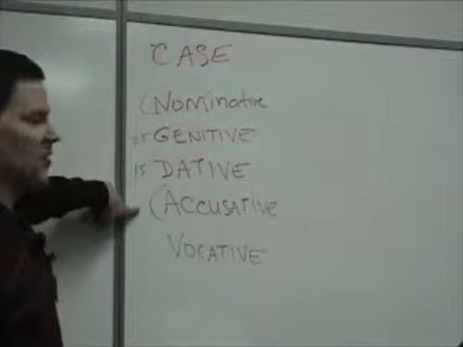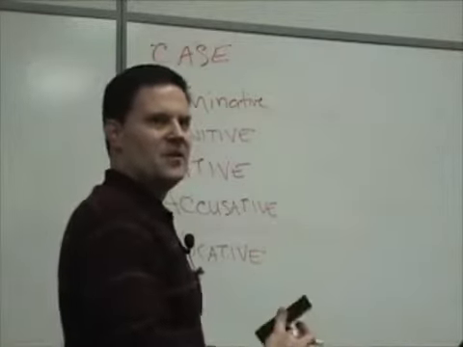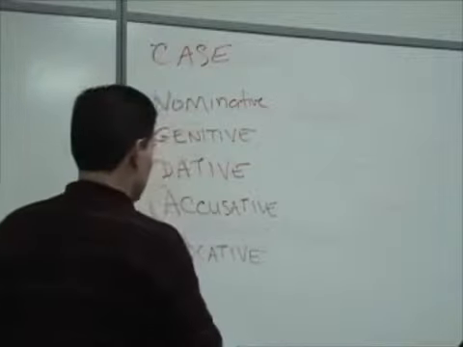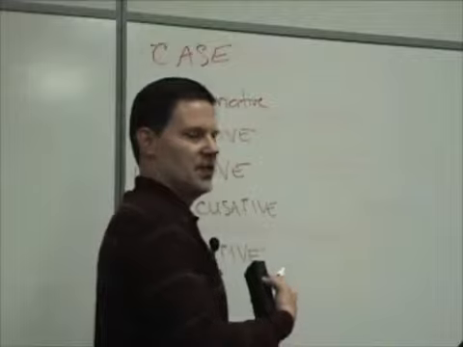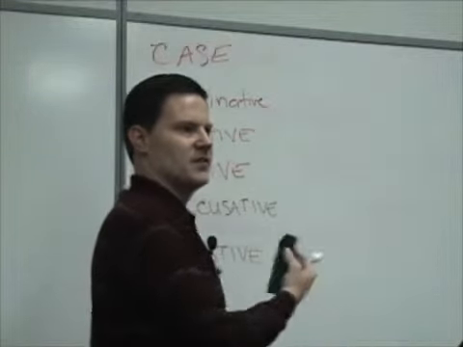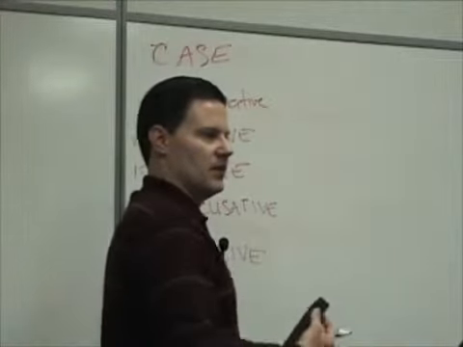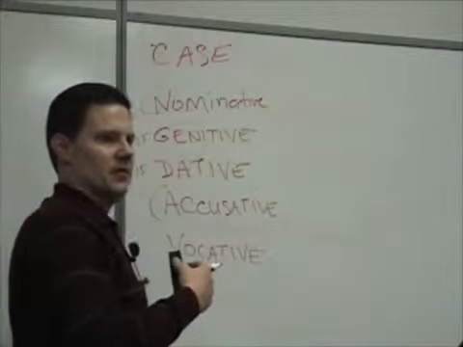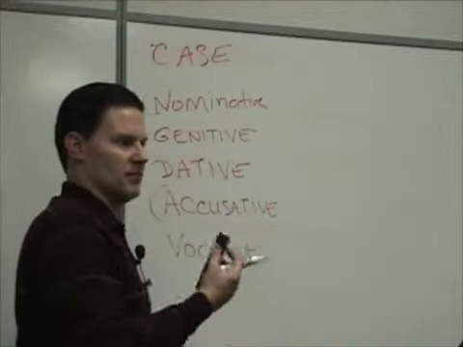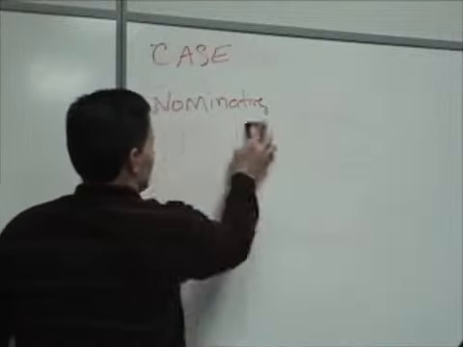So that's pretty much 100% there, and this is less than 1%. So you need to know it, but it's not going to show up that often. Usually it's pretty obvious because it's a direct address to someone like, "Oh Lord," or in 1 Corinthians, it's about the only time it addresses an inanimate object, "Oh death." So it doesn't occur much. That's just the 5 cases.